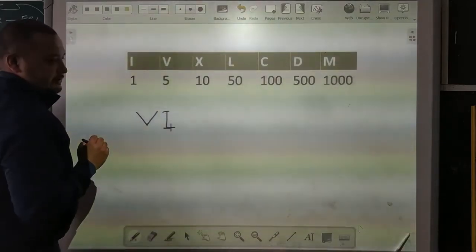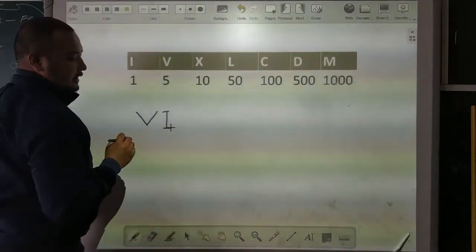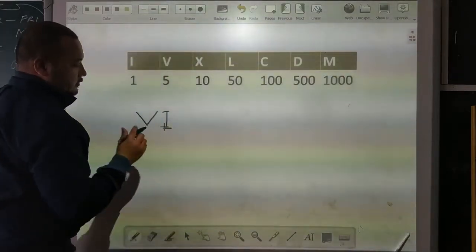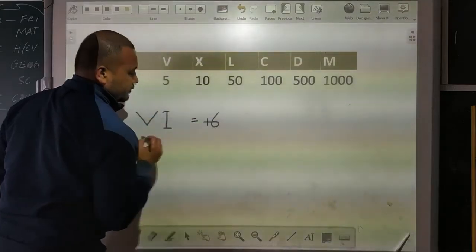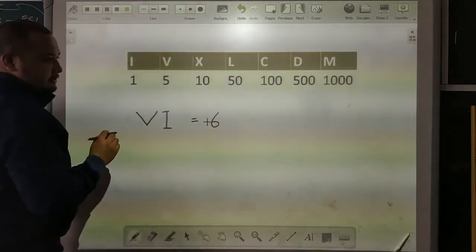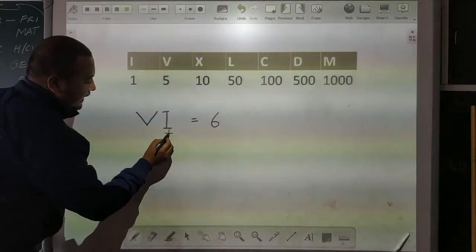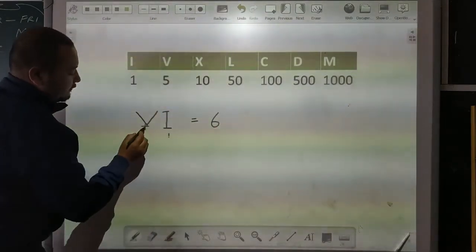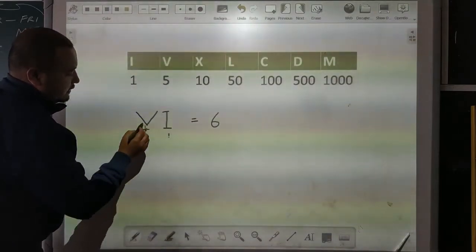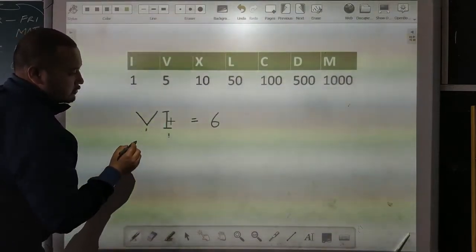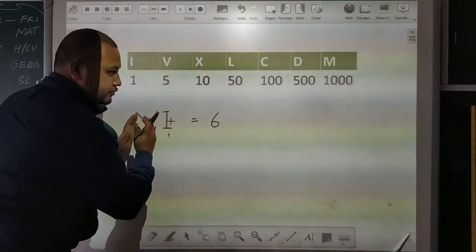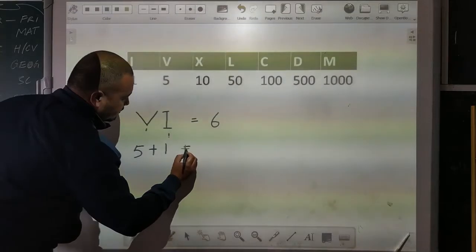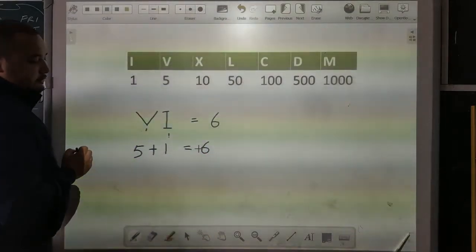If you come to the secondary section and go to class 6, you will find this on top of the door. So this means that it is equal to 6. And why is this? The rule says this I, which is smaller, is to the right side of V, which is greater. This is 5 and this is 1. So we are going to add them up. So this becomes 5 plus 1, which is equal to 6.